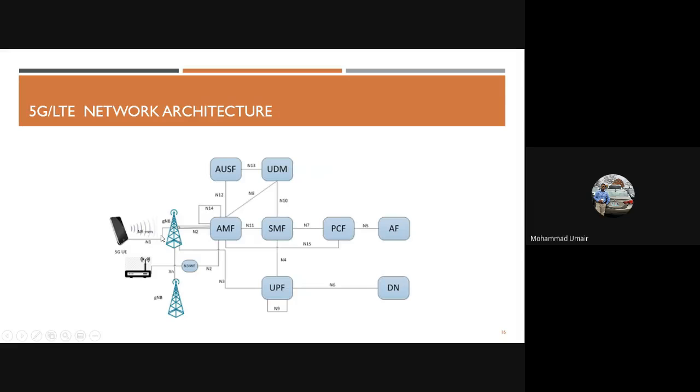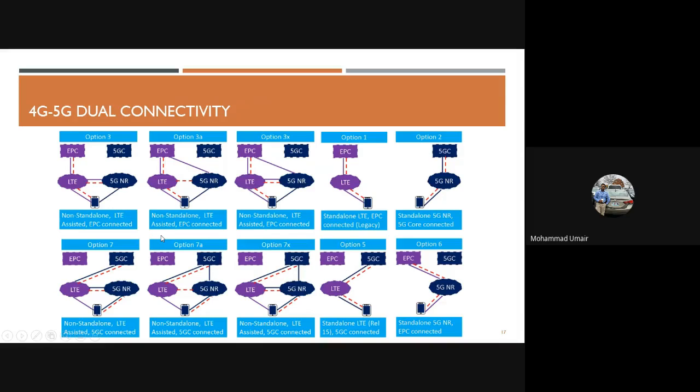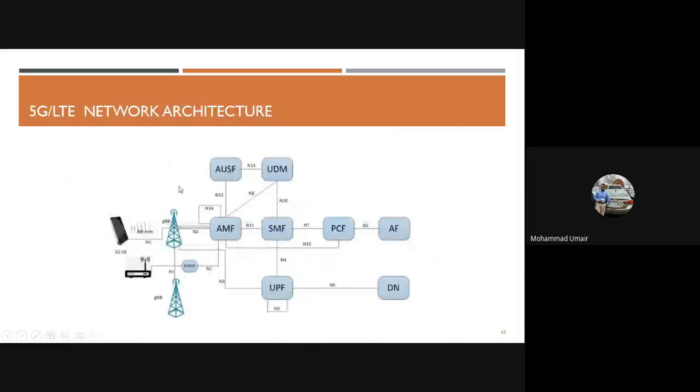So what the standards allowed, and what operators have been doing around the world, is that most of the network side vendors are ready with their gNode Bs, but the core network is not stabilized because the standards were not frozen earlier, and then the development started late. So they wanted to fix the radio network first so that you get a higher speed, and then gradually, once the core network is ready, you will get better services other than the higher speed.